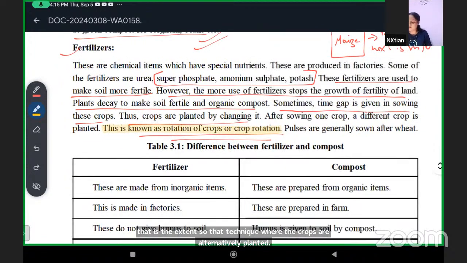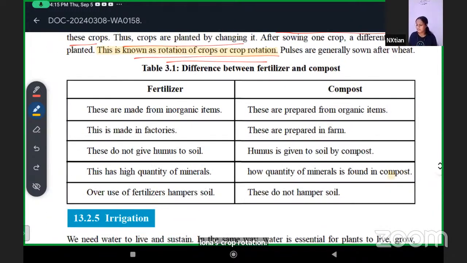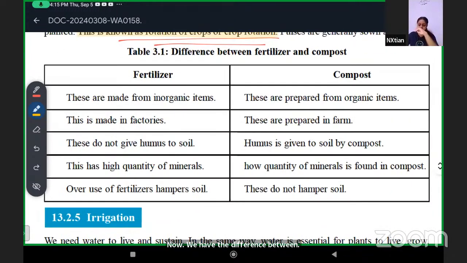Now we have the difference between fertilizer and compost. Fertilizers are made up of inorganic items, that is, chemical items, and compost is made up of organic items, that is, dead and decaying plants and animals.